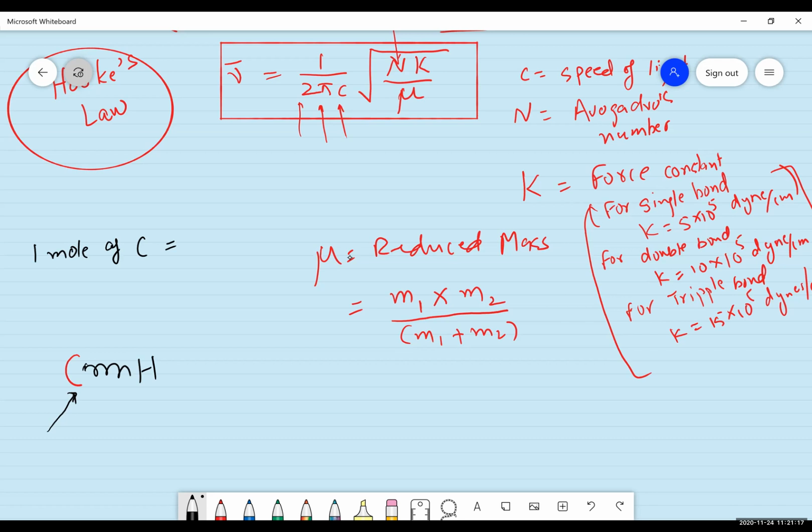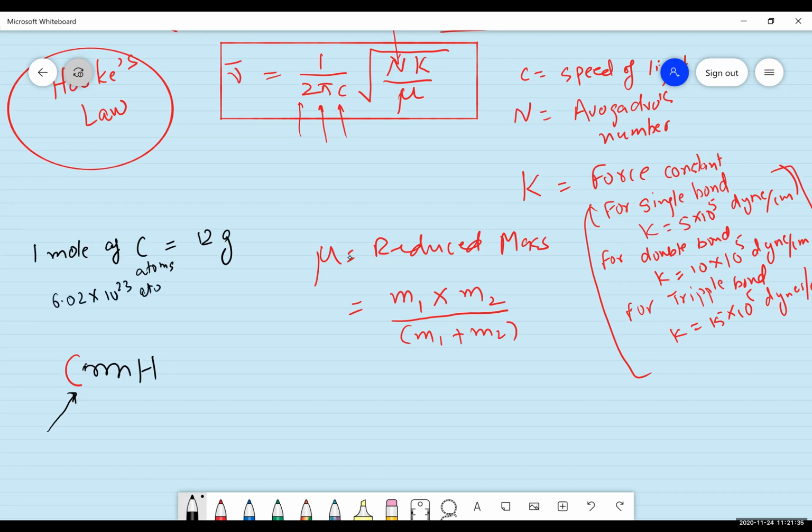What is the mass in grams of 1 mole of carbon atoms? 12 grams, right? And how many atoms are in 1 mole? 6.022 times 10 to the 23rd.